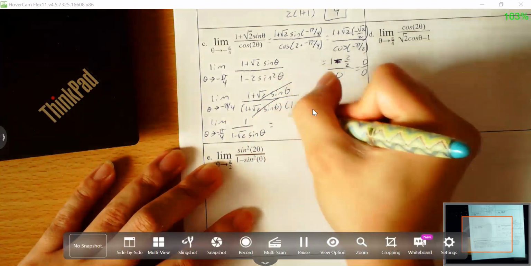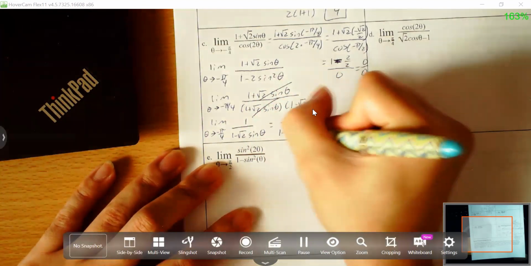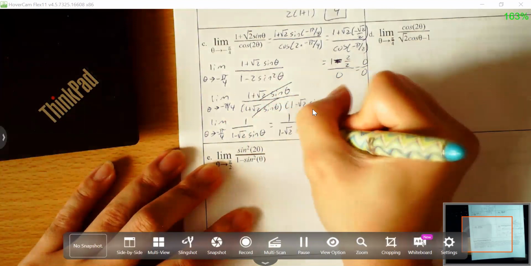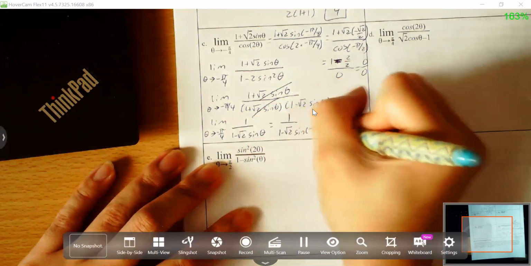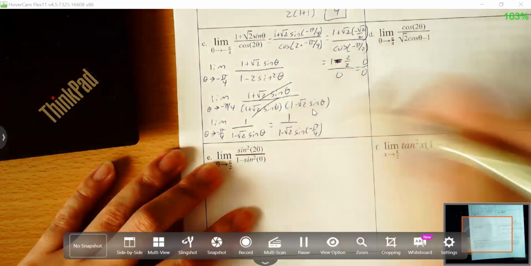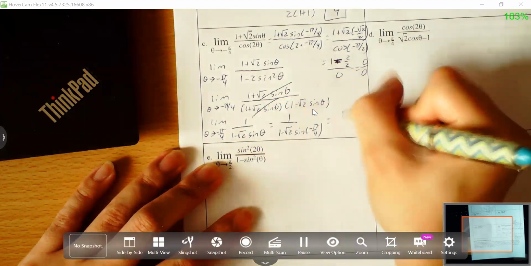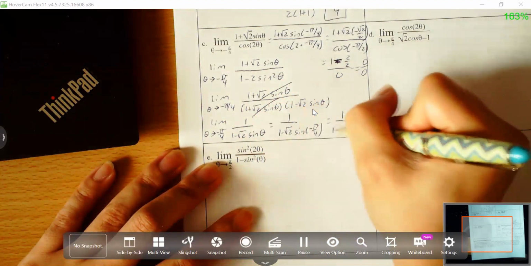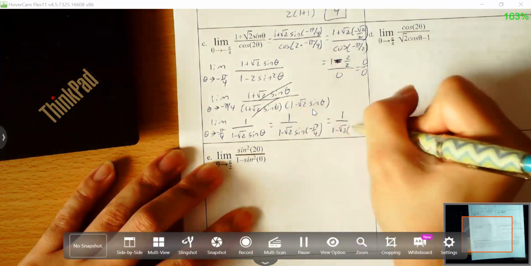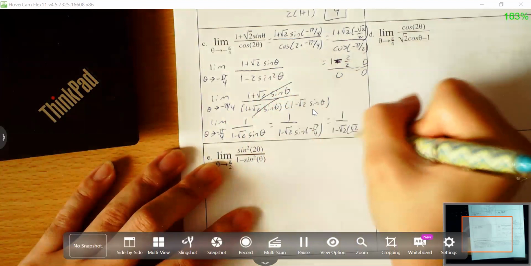So this is 1 over 1 minus root 2 sine of negative pi over 4, which is 1 over 1 minus root 2 times negative root 2 over 2.